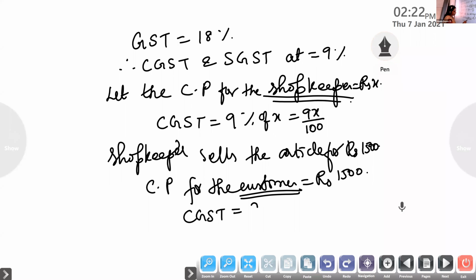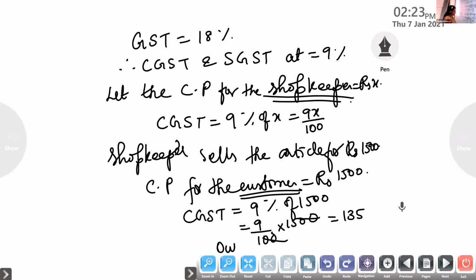It will be 9% of 1,500, isn't it? Is it correct, children? So it is 9 by 100 of 1,500. Two zeros you cancel, so the amount will be rupees 135. This is the output CGST, rupees 135. What is the input CGST? Input CGST of the shopkeeper is 9X by 100.